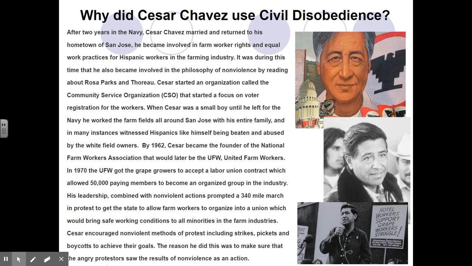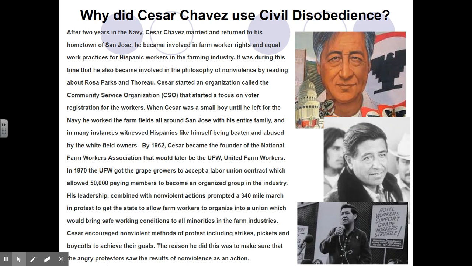By 1962, Cesar became the founder of the National Farm Workers Association and would later be the UFW, United Farm Workers. In 1970, the UFW got the grape growers to accept a labor union contract, which allowed 50,000 paying members to become an organized group in this industry. His leadership, combined with nonviolent actions, prompted a 340-mile march in protest to get the state to allow farm workers to organize into a union, which would bring safe working conditions to all minorities in the farm industries.